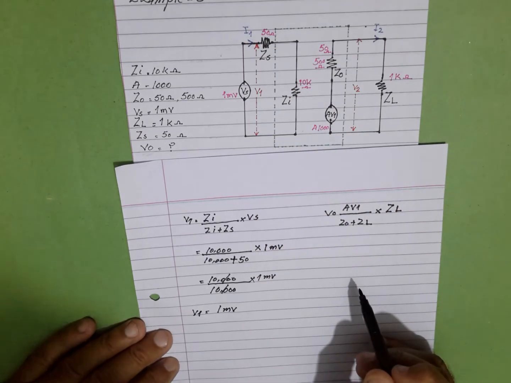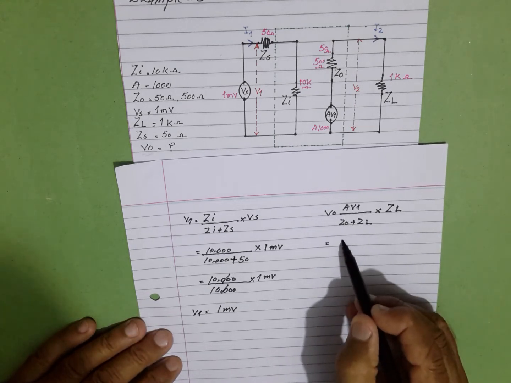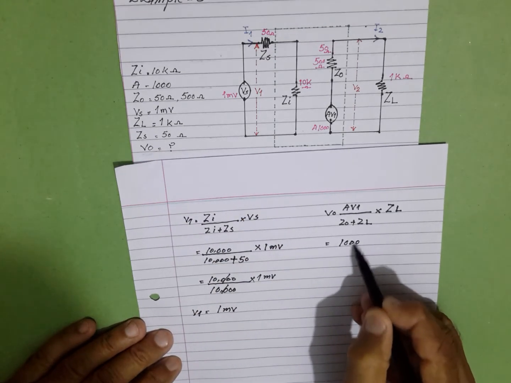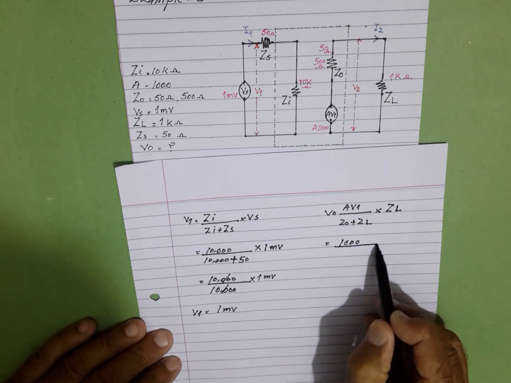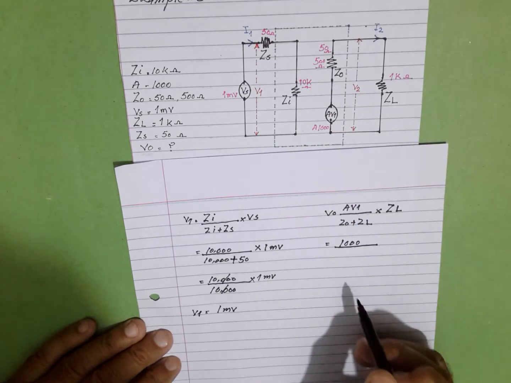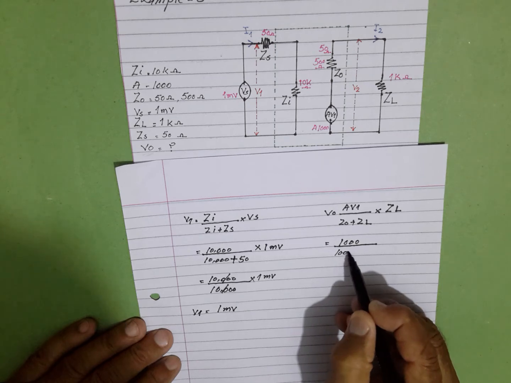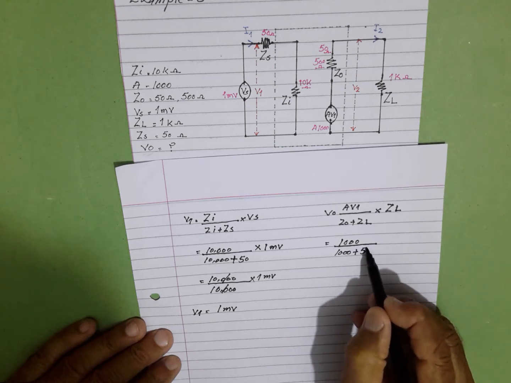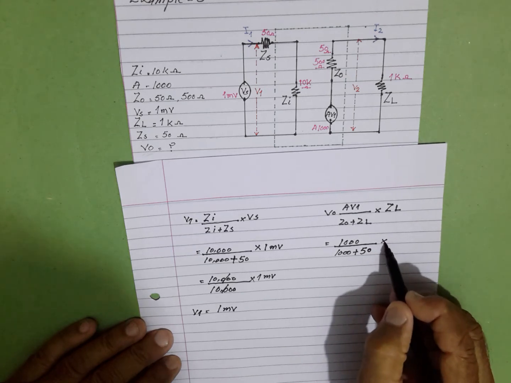Let us now write the output formula. A is 1000, gain is 1000, ZO for the first time is 50. We write ZL 1000 plus ZO 50 into ZL.